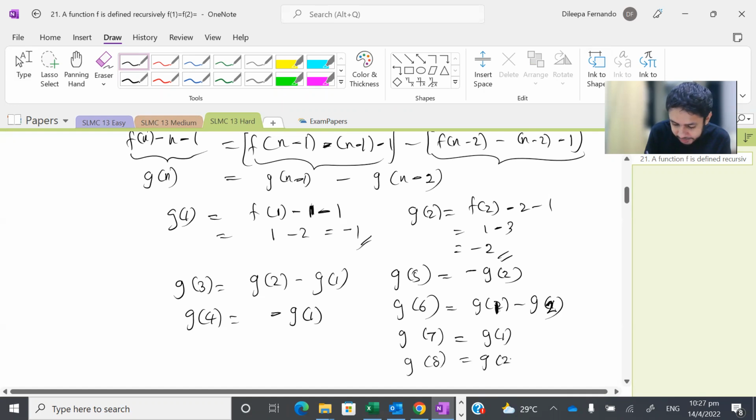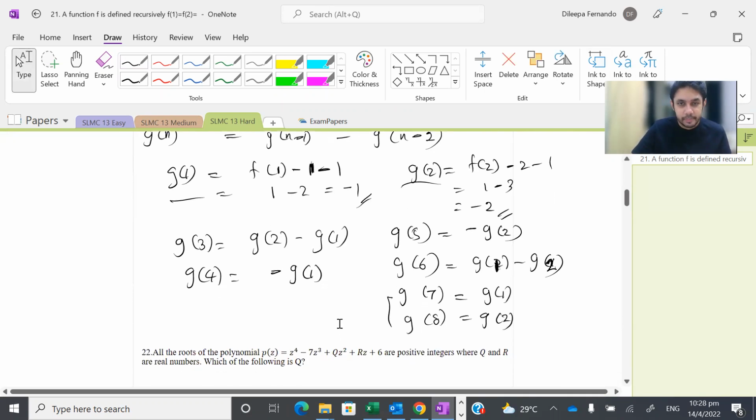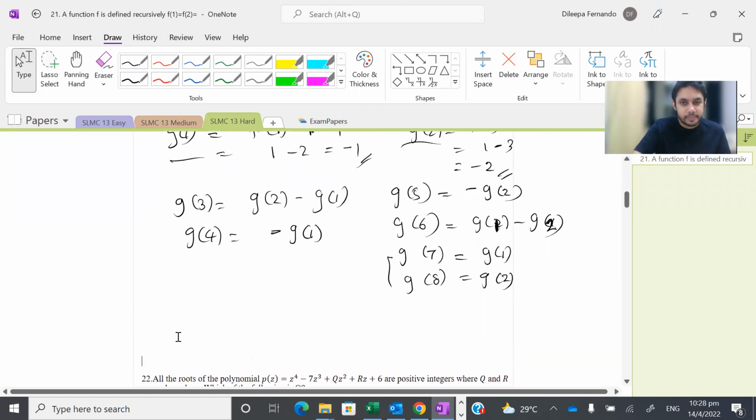Now you can see this is repeated. The first two terms appear again, and now we can see it's a periodic function of period 6. So every 6 terms repeat.